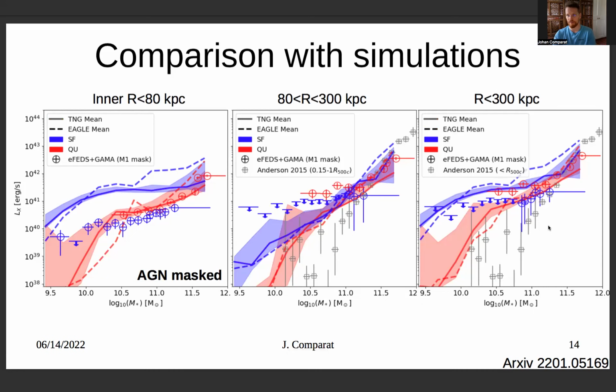If we try to compare with the simulations, we say that on small scales, there are some difficulties in predicting the volume filling gas emission. For the quiescent galaxies, it's actually very nicely predicted. For the star forming, it's overshooting by quite a factor.